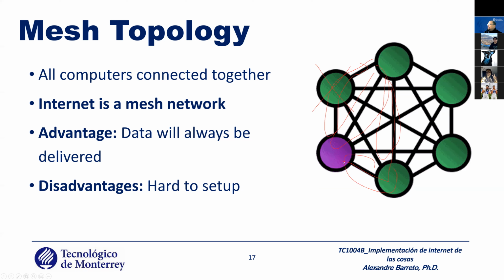You can continue to use this route, or this route, or this route to reach the same place. It's the main advantage. However, it's very hard to set up this type of network. And one type of mesh network is the internet. Okay.